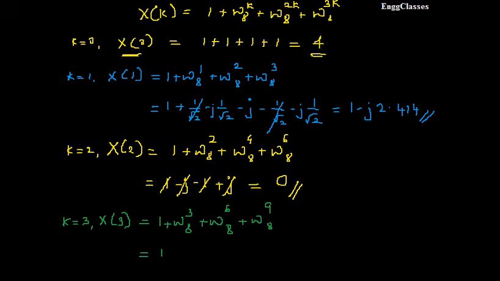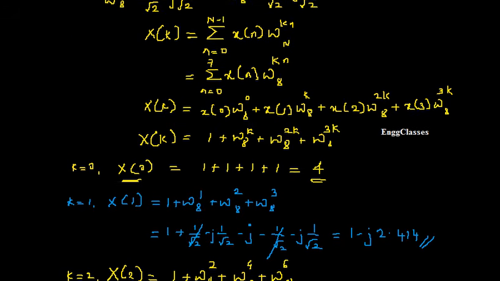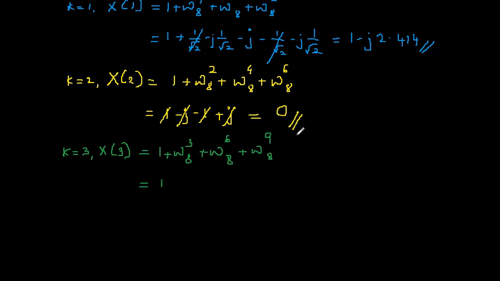What is W8 to the power 3? That is minus 1 by root 2 minus j 1 by root 2. So at this point of time, one must know these values by heart. That is minus 1 by root 2 minus j 1 over root 2. W8 to the power 6, that is j, plus W8 to the power 9. I cannot find W8 to the power 9 directly, but for this I can make use of the concept of periodicity.